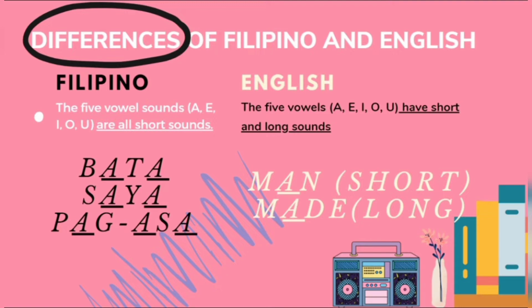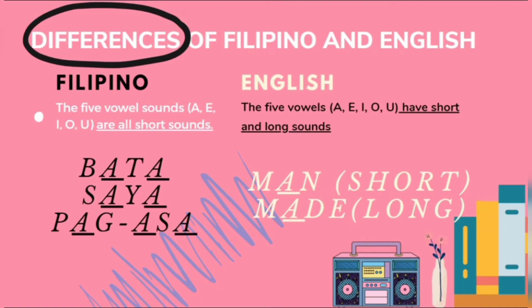So what's the difference between short and long sounds? In short sounds, your mouth never changes its position, plus it never closes. For example, the sound of A only has one sound, ah. You see, your mouth never closes and never changes position.